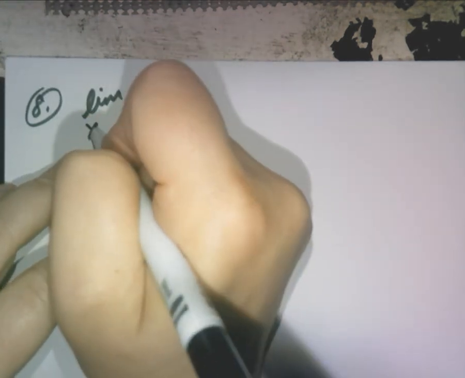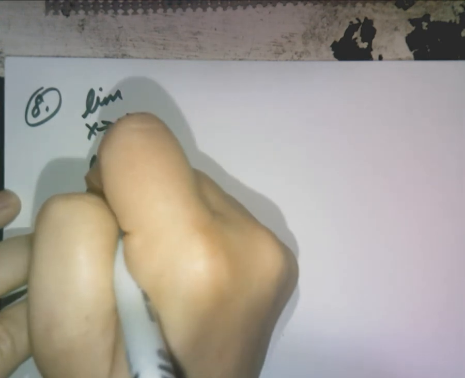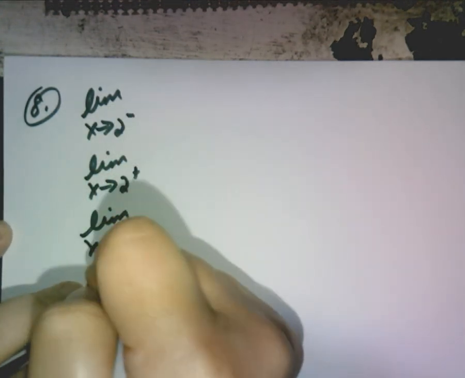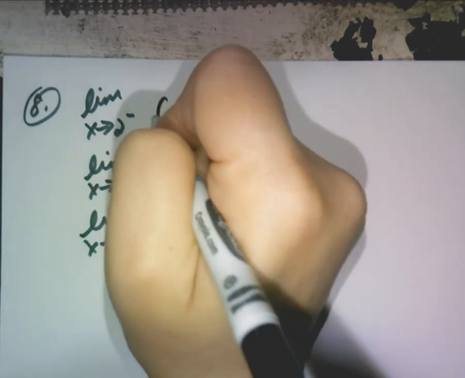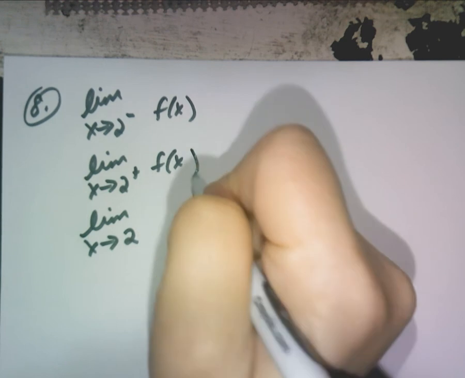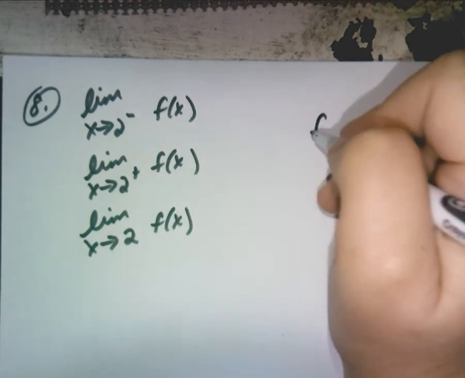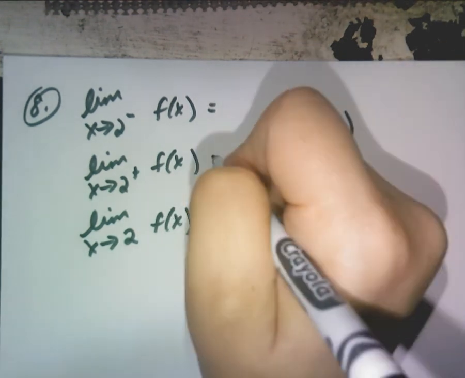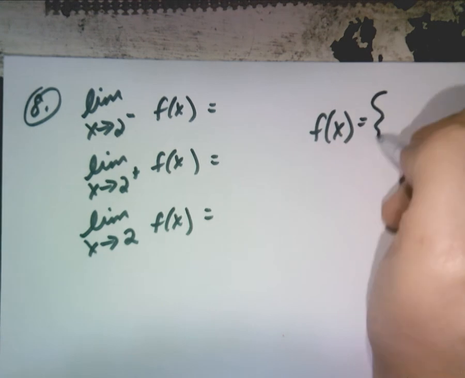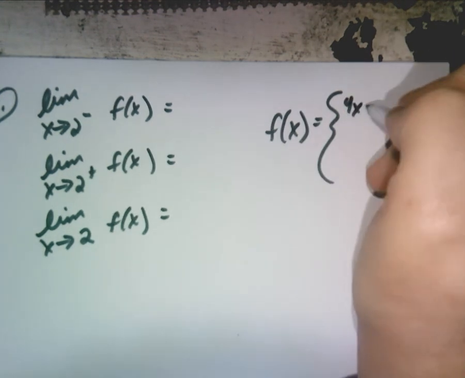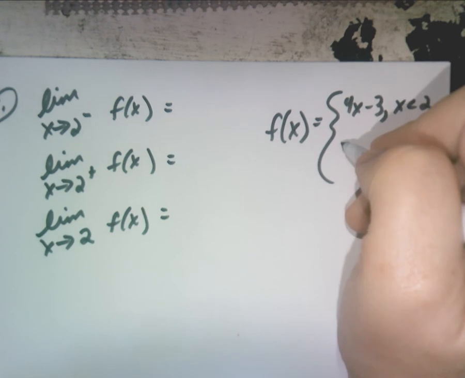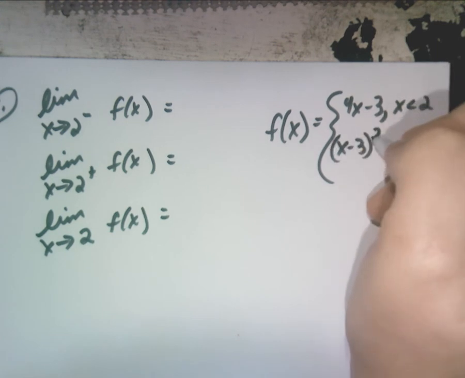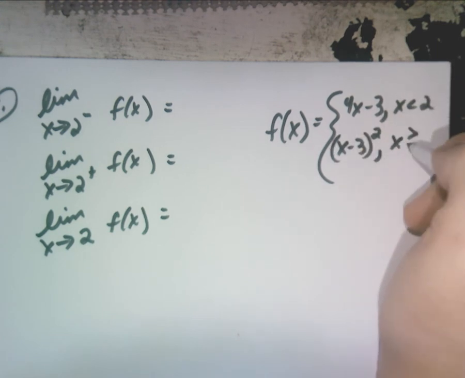All right. Left hand, right hand, regular good old limit of f of x, and I'm going to write out a function right here. 4x minus 3 when x is less than 2, and x minus 3 squared when x is greater than or equal to 2.